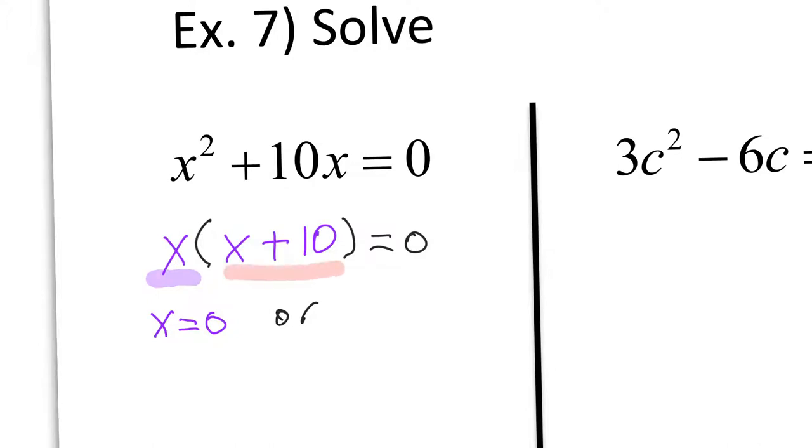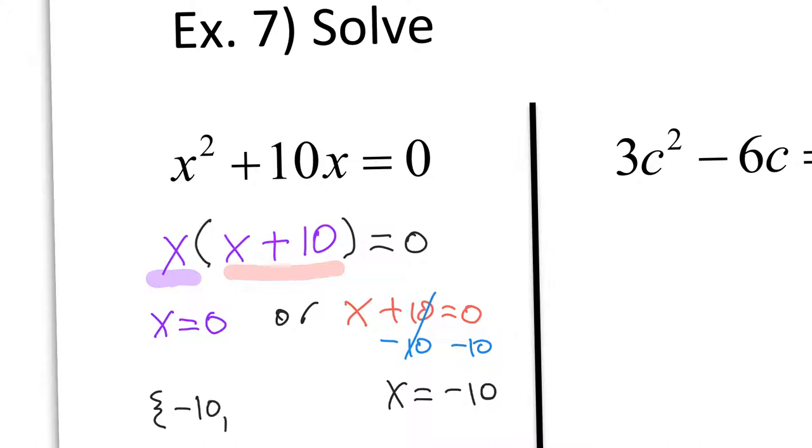So I'm going to write that down, x plus 10 equal to 0. And that one we have to solve. Subtract 10 from both sides, cancels, x equals negative 10. So my two answers, we got those answers. We put the negative 10 first because that is smaller than 0, and 0 is the biggest number. So my solution set is negative 10 and 0.